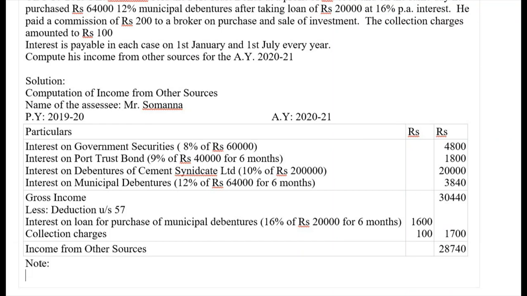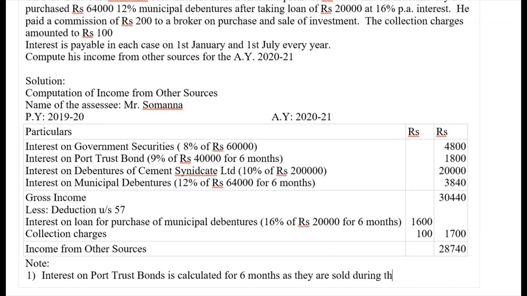Now let us write a note here. Note 1: interest on port trust bonds is calculated for 6 months as they are sold during the year.